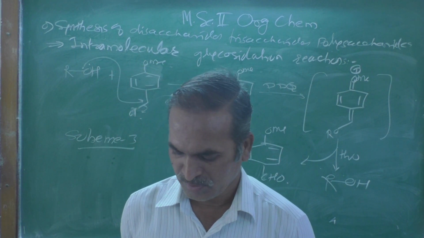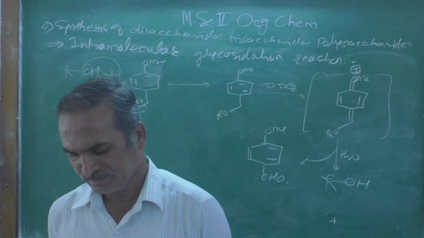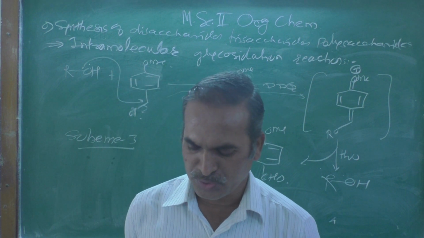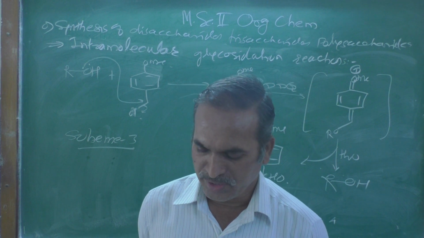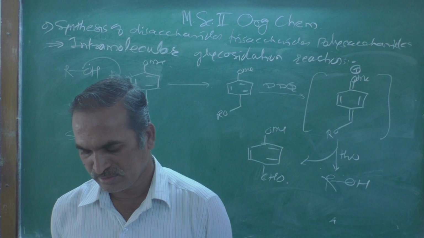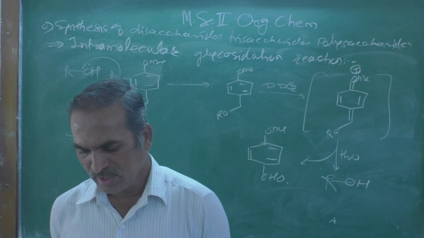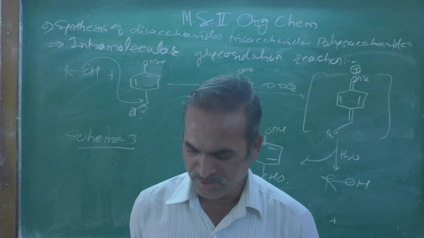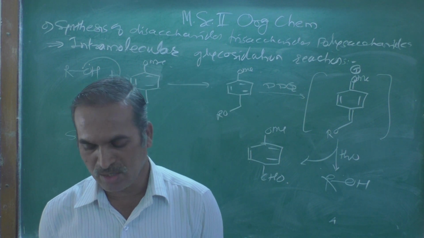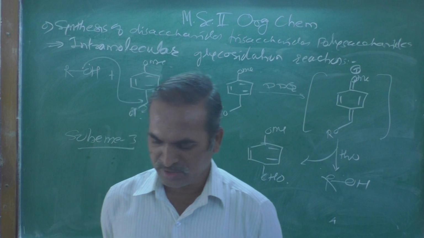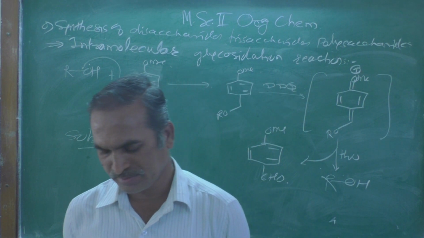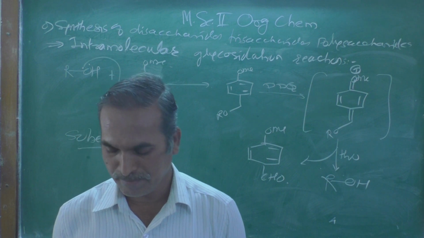paramethoxybenzyl ethers. The basic idea was to trap intermediate structure number 7 under anhydrous condition and react it with another alcohol, producing the corresponding mixed acetal.